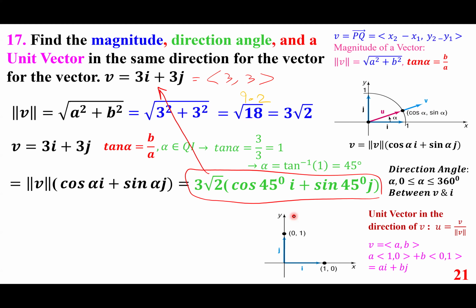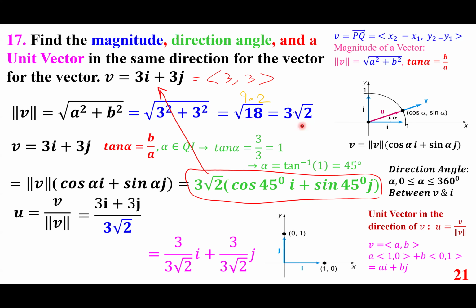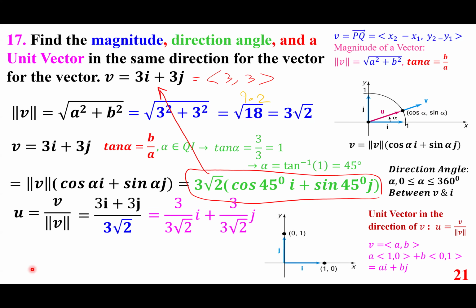So with that being the case, we are going to divide this by the magnitude. We write the vector, and the magnitude, we've already found it to be the square root of 2. We separate it into 2 pieces, and we get 1 over square root of 2, or square root of 2 over 2.